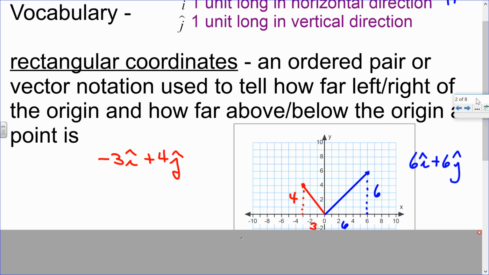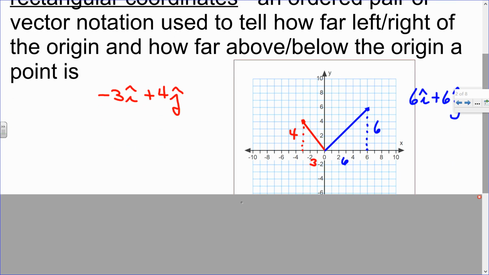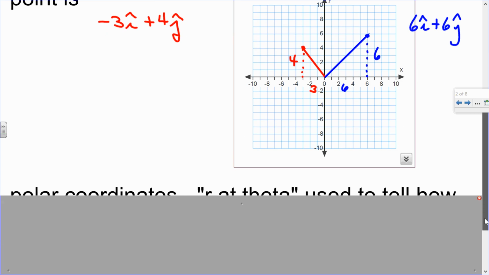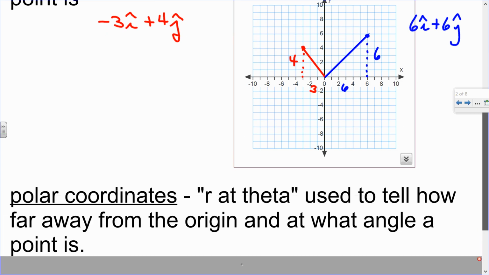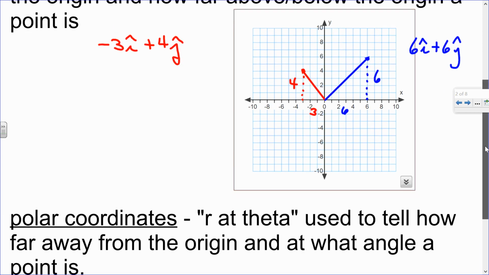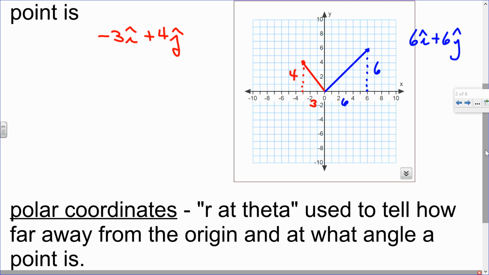When we talk about polar coordinates, we are talking about the origin as a pole, and we're going to spin around it. So we want to talk about what is the angle for how far we spin, and then how long is the vector. So somewhere on here, polar coordinates, we are going to have something that looks like r at theta to describe that. So the blue one up there, for example, would be very, very easy to describe.